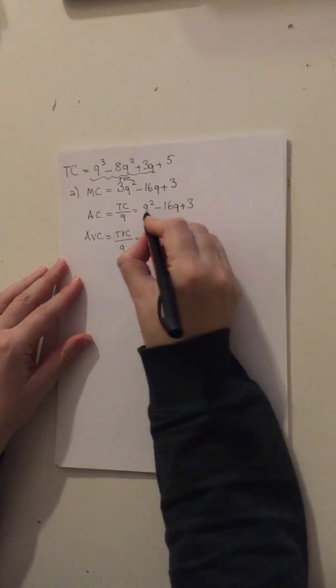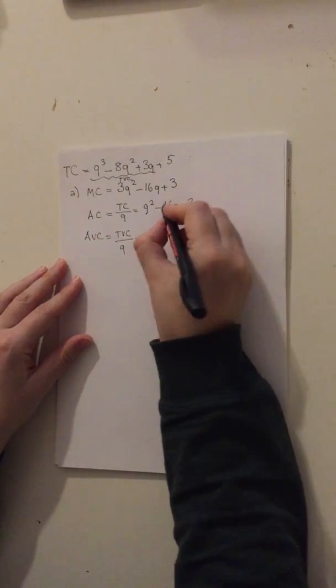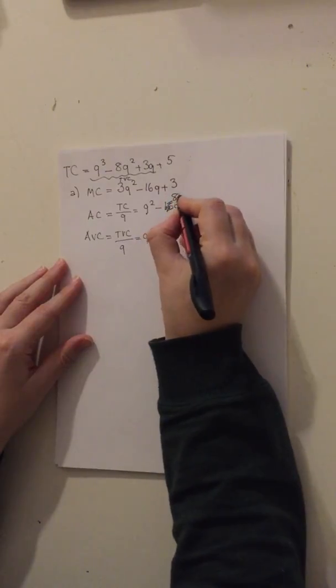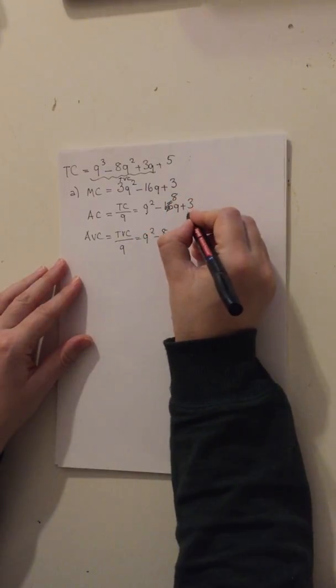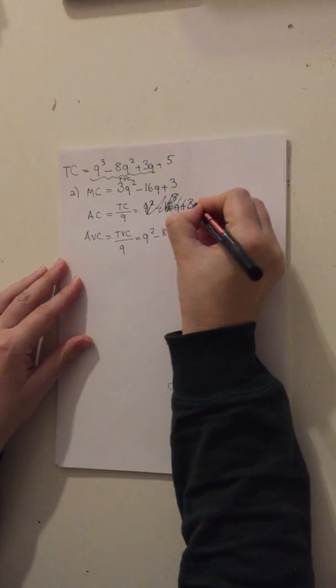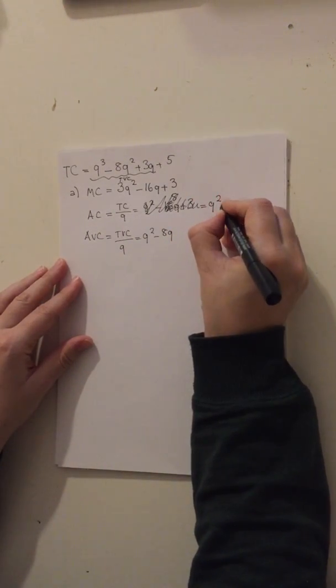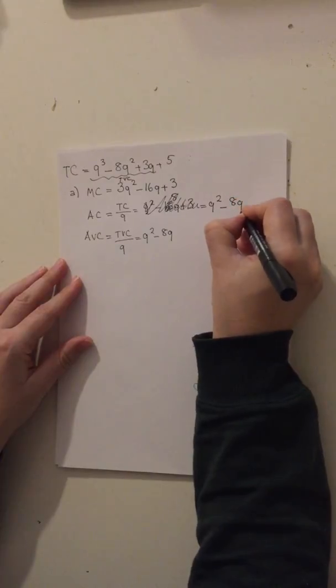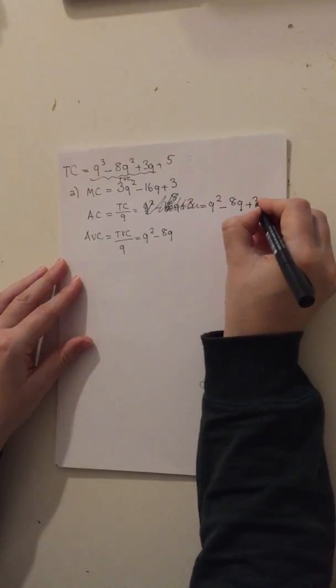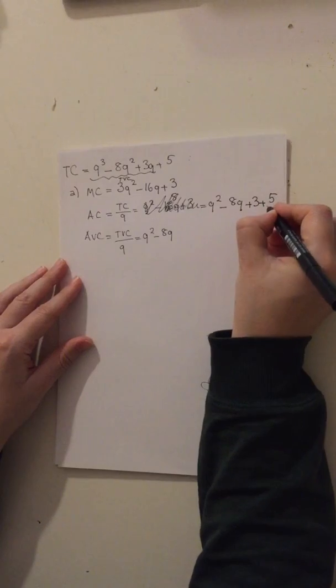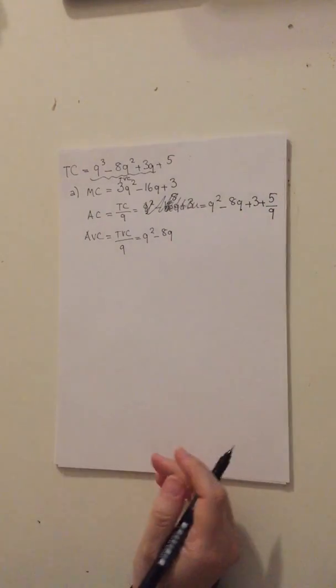Sorry, by the way, average cost is q squared minus 8q plus 30 plus 5 over q, right?